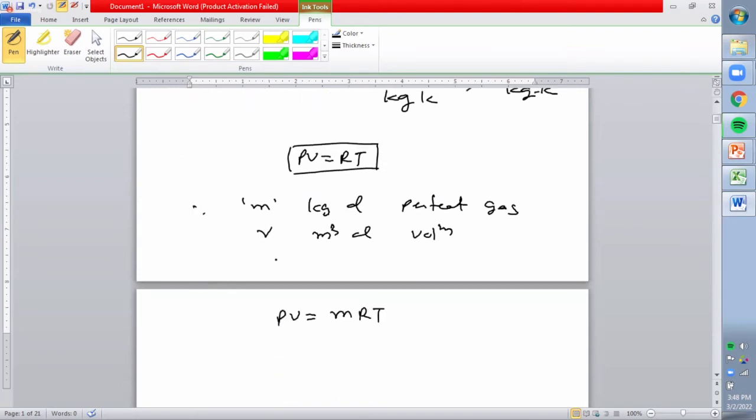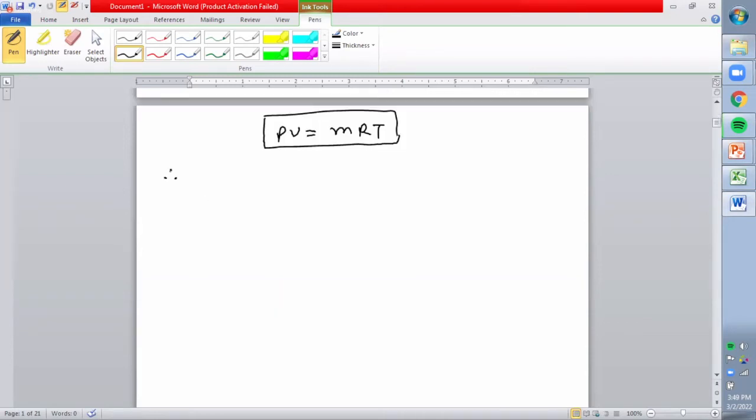So we have the equation PV is equal to mRT. On the molar basis, this m we can define as n multiplied by M. What exactly does the molar basis mean? It's a quantity of gas equivalent to M kg of the gas.